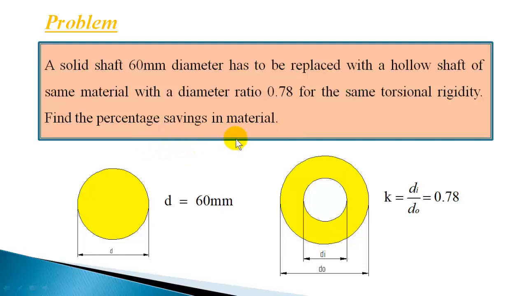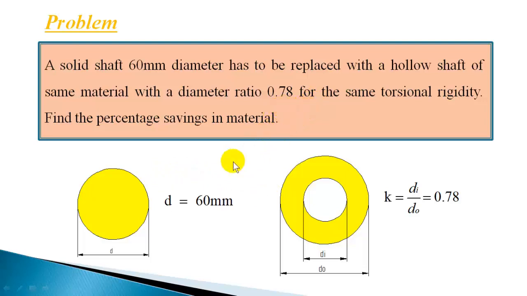Now we are replacing this solid shaft by a hollow shaft for the same torsional rigidity. So we are not bothered about the torsional strength, we are only replacing it for the same torsional rigidity. In one of the previous classes we have seen replacement of a solid shaft by a hollow shaft for the same torsional strength.